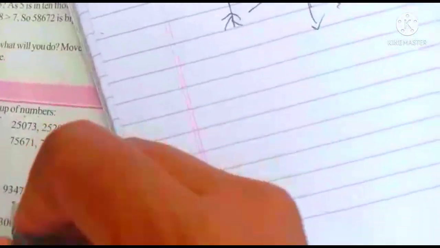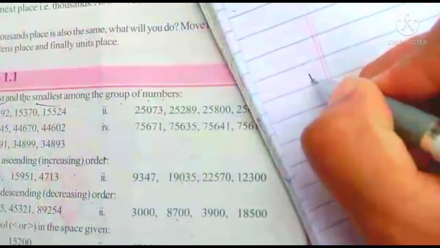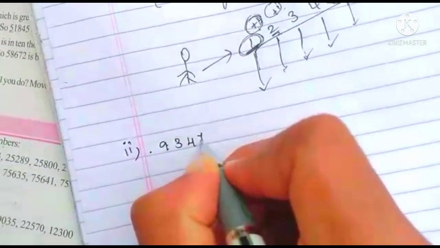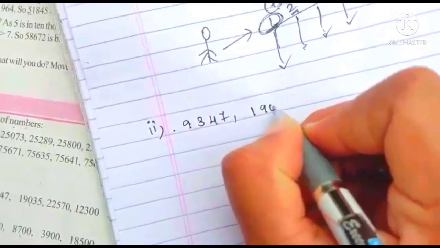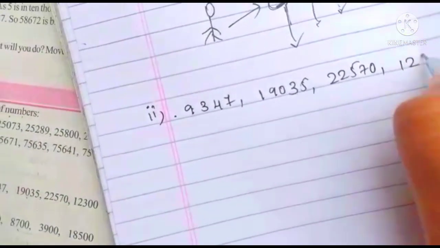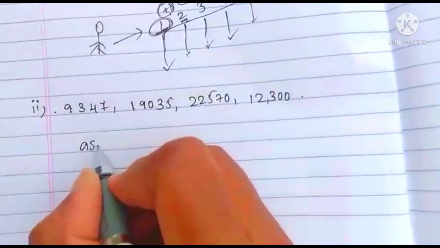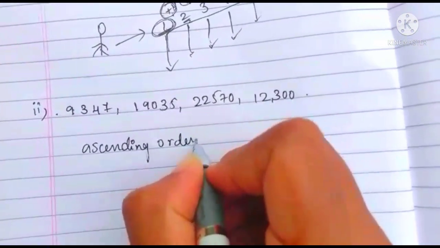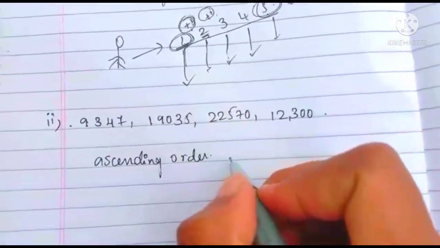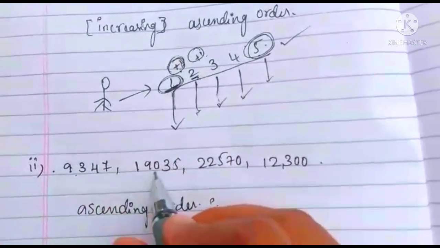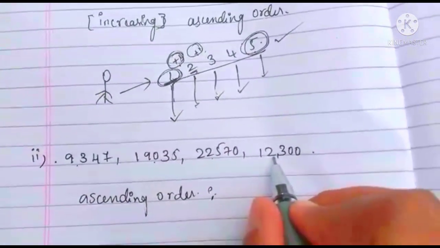Okay, next one. Second bit, second one: 9,347, 19,035, 22,570, 12,300. Now you can see here ascending order. 9,000 is smallest, not 19,000, 22,000, 12,000.